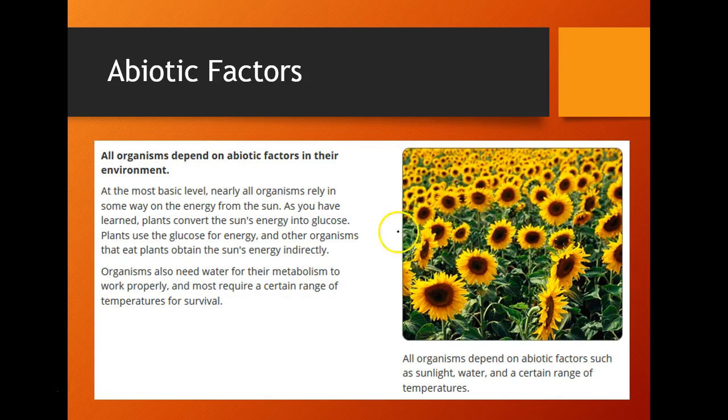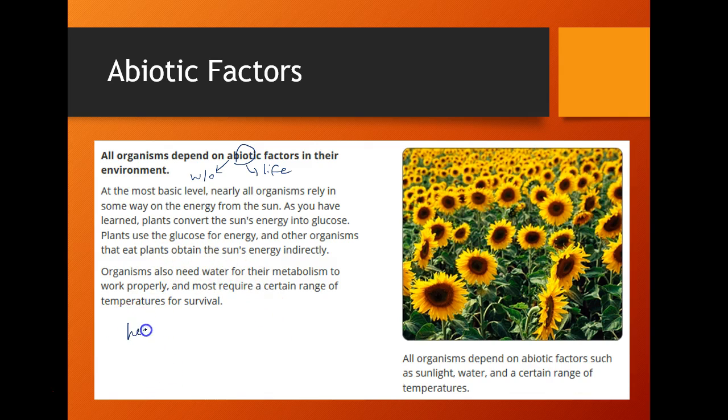Let's go into what abiotic factors are. We broke down what abiotic meant. Bio meaning life, a meaning without, so without life, non-living factors. And they are present in every single ecosystem. So what are some examples of abiotic factors?